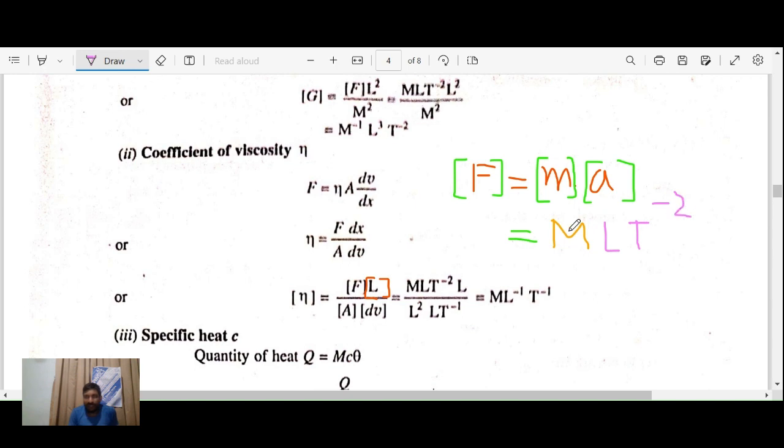Otherwise, you will be surprised how we got this one. Initially, you get stuck with the explanation while learning this concept. That's why I'm clearing it.